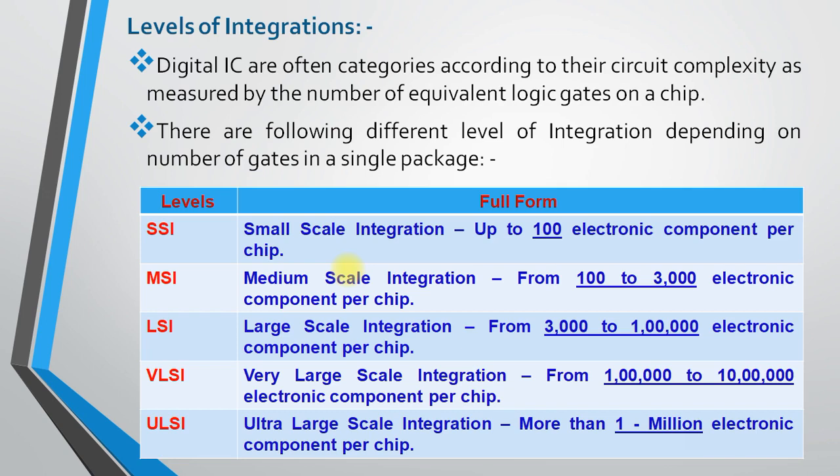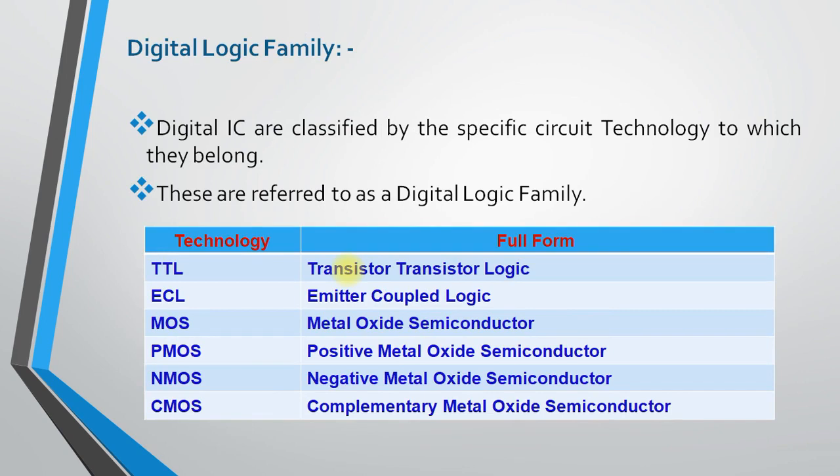The digital IC can also be available in the market based on the digital logic family or based on the technology. The table contains a list of technology and the full form of each technology. TTL stands for transistor transistor logic. ECL stands for emitter coupled logic. MOS stands for metal oxide semiconductor. PMOS stands for positive metal oxide semiconductor.